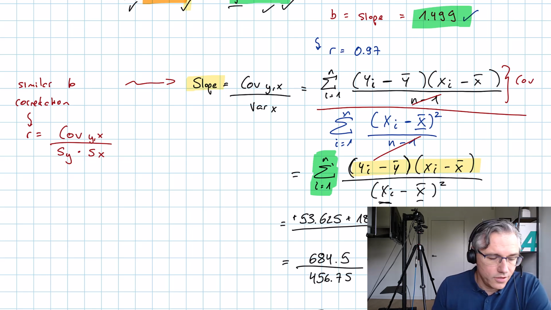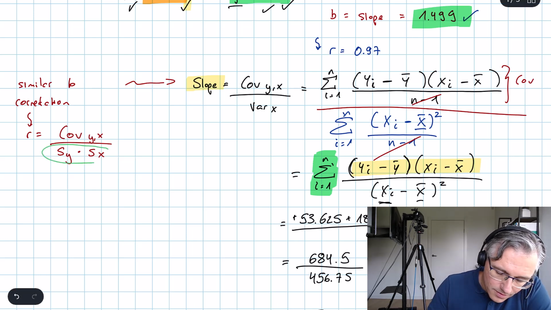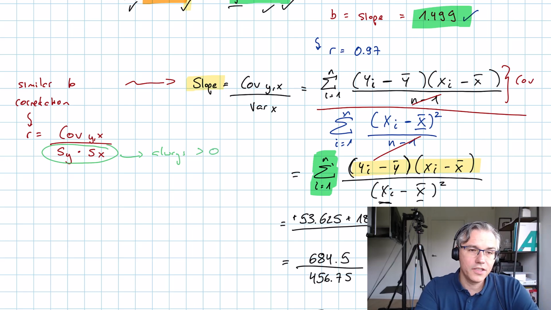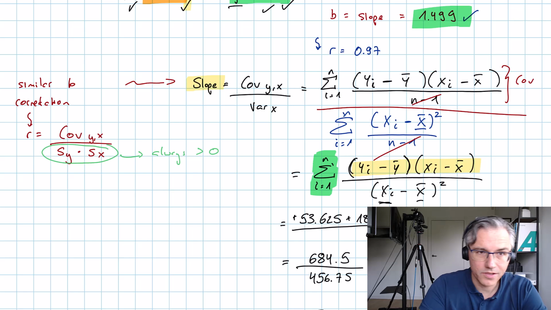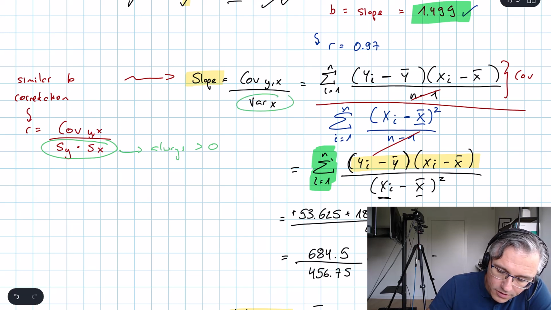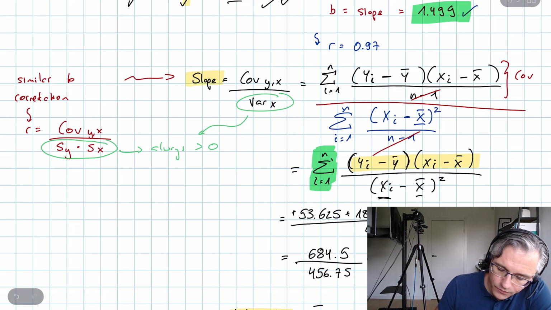Your calculator does show you R, but the denominator is always above 0. It's always positive, because standard deviations are numbers that are more than 0, right? They are positive numbers. And actually variance, being standard deviation squared, is always positive.